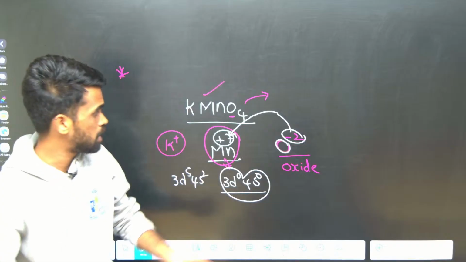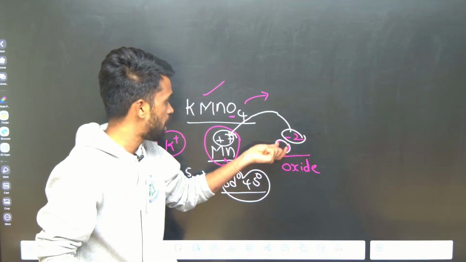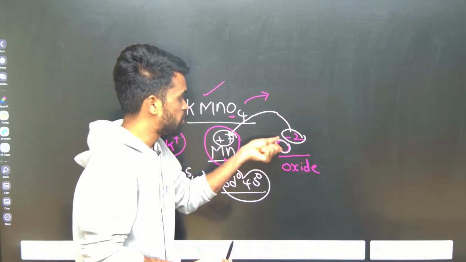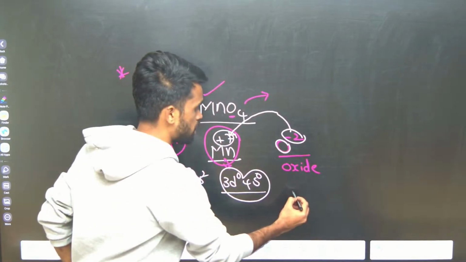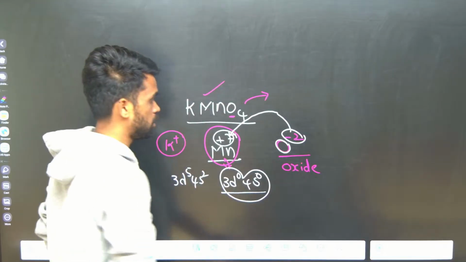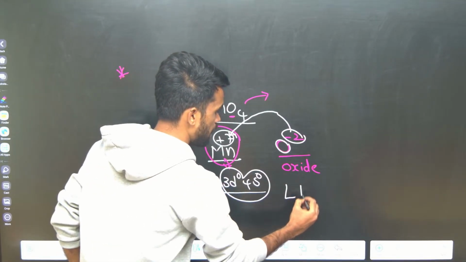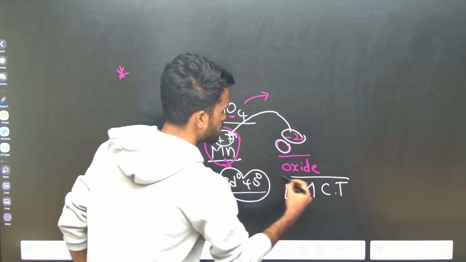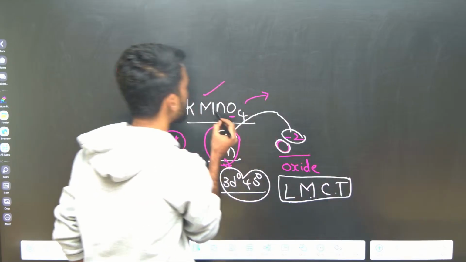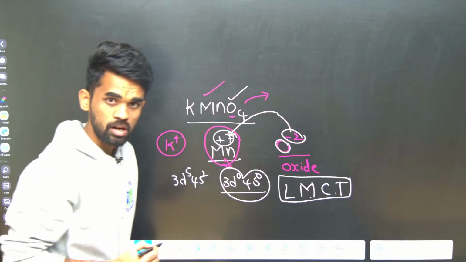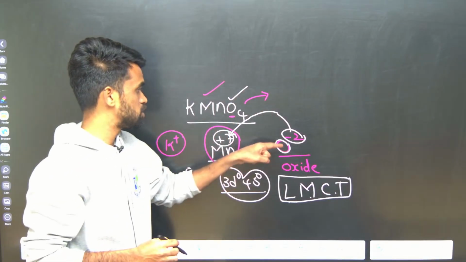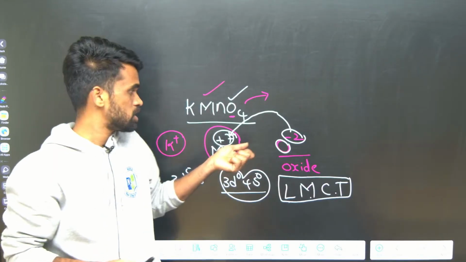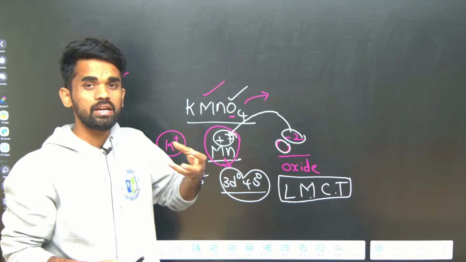So charge is transferring from ligand to metal. This ligand-to-metal charge transfer is responsible for the color of KMnO4, and due to this charge transfer the color is very intense. Remember.